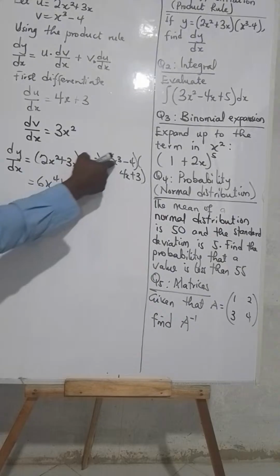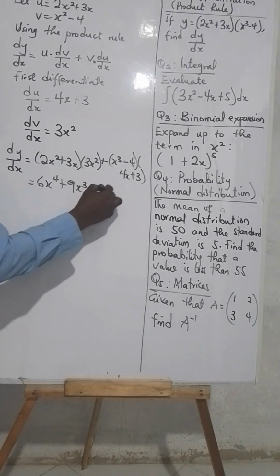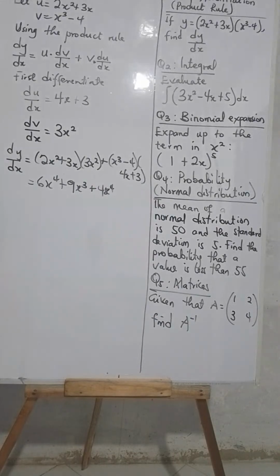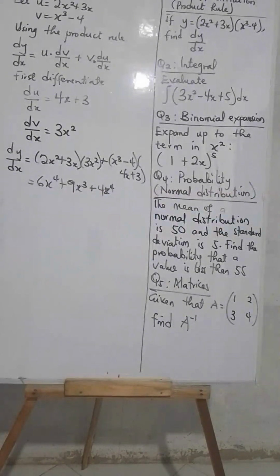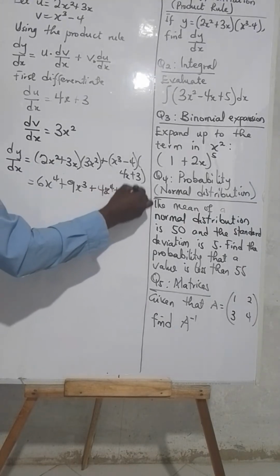So with this also we have the x exponent 3 by 4x. That will give us 4x exponent 4. Right. Then use the same thing to multiply the 3. So that will give us plus 3x exponent 3.